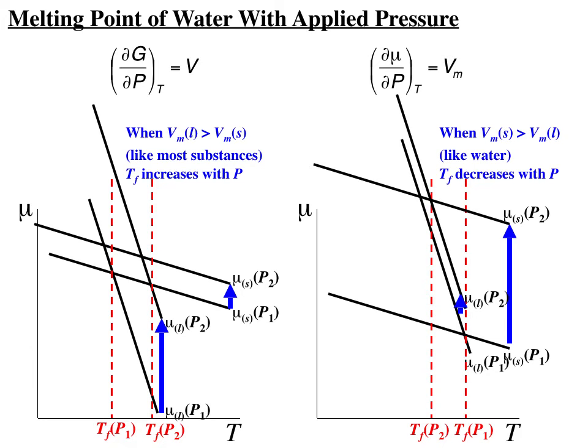So since the density of solid silver or iron is greater than the density of liquid silver or iron, that's because the volume of liquid silver or iron is greater than the volume of solid silver or iron.